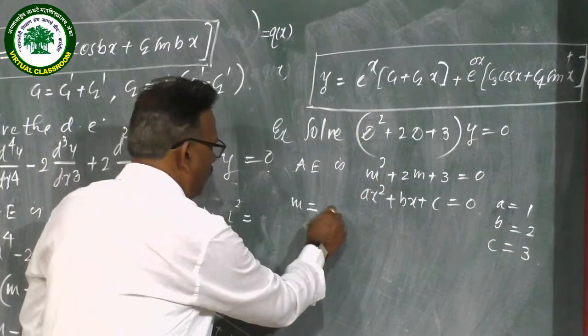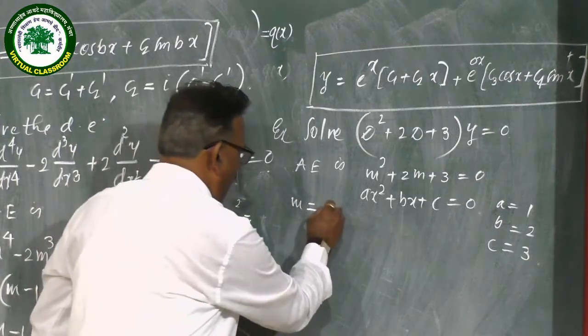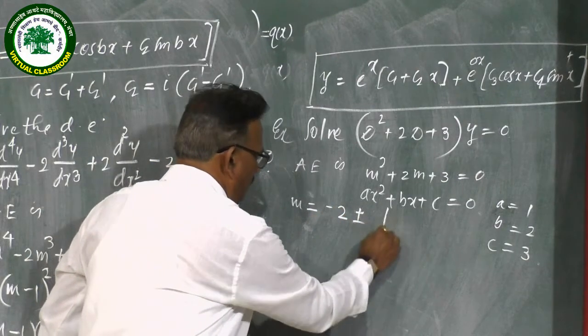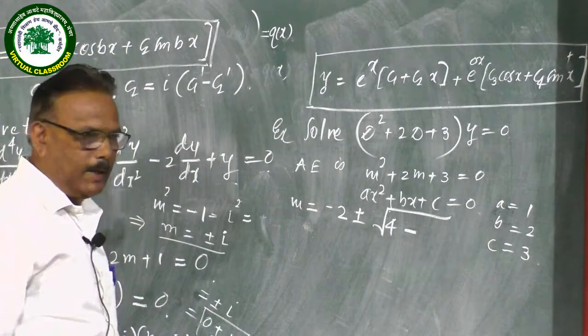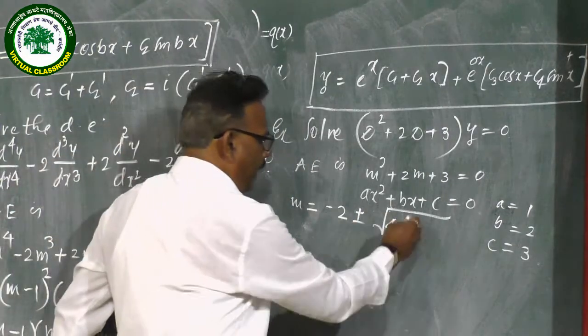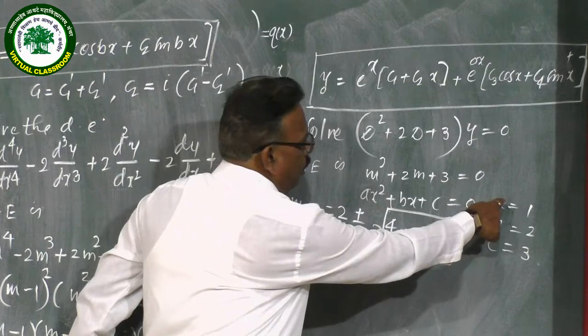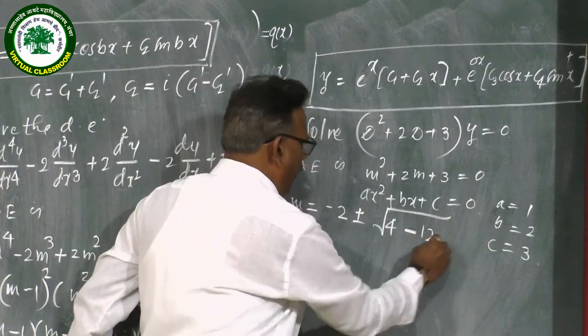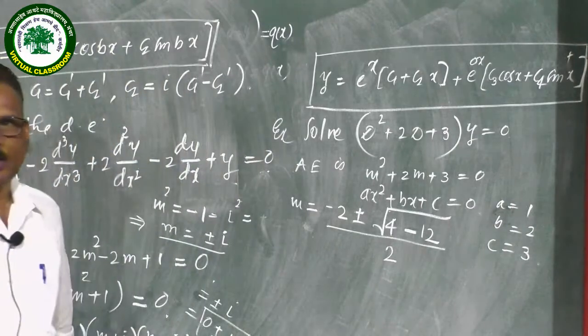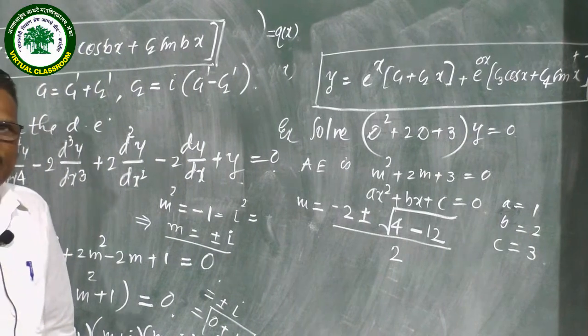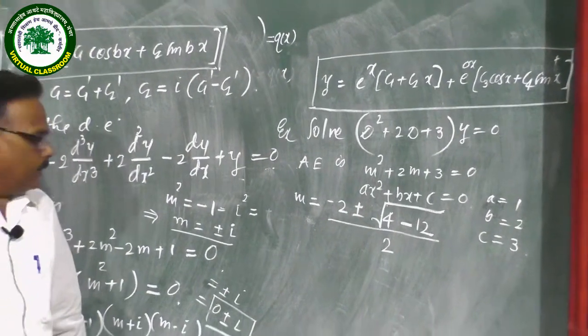Therefore, m = (−b ± √(b² − 4ac))/2a, that is (−2 ± √(4 − 12))/2.